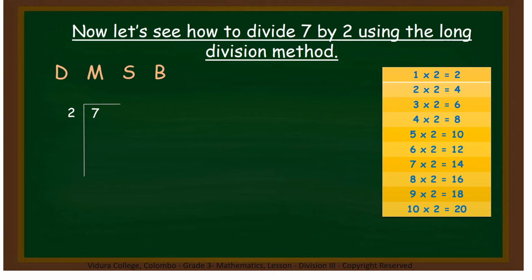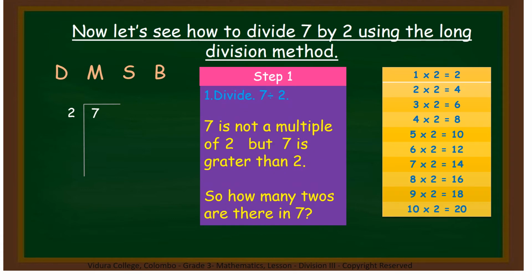Let's solve this question. Step 1. Divide 7 by 2. 7 is not a multiple of 2, but 7 is greater than 2. So, how many 2's are there in 7?